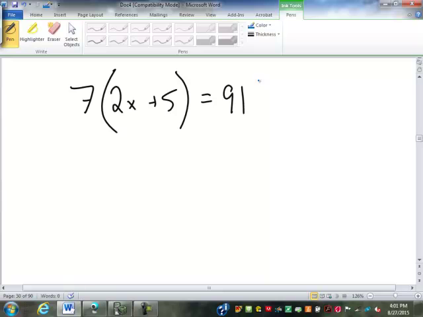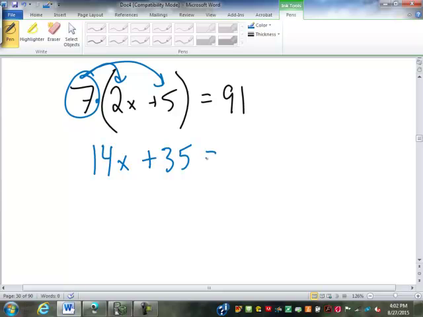Tell me what to do. Okay, we got the parentheses. Again, there's nothing to do inside them, so we're going to multiply by the 7. So 7 times 2x is 14x. What's next? 7 times 5 is 35. So plus 35, since it's a positive 35. 91 doesn't change.